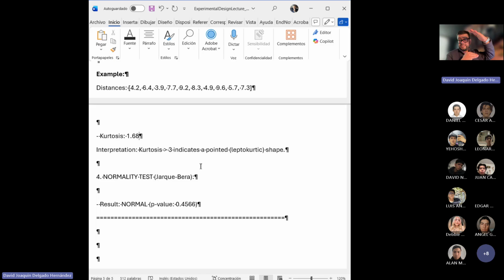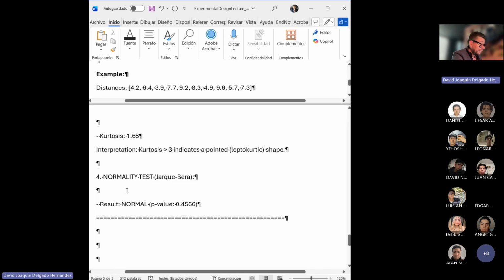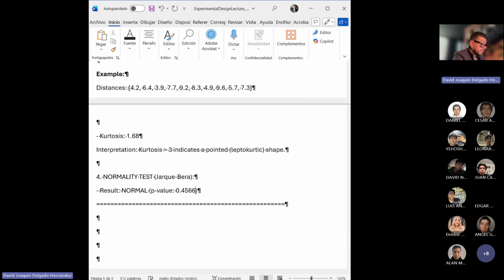Okay, it is like a sandwich. It is flat. And finally, the normality. In this case, this data seems to be normally distributed, and well, it has got the bell shape, okay, the bell shape.